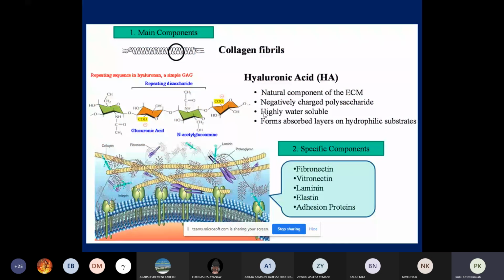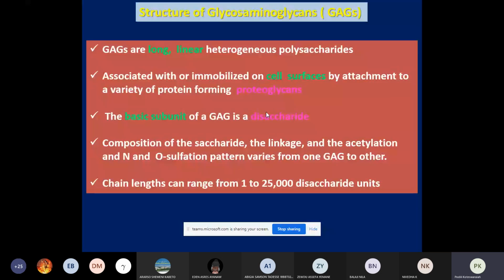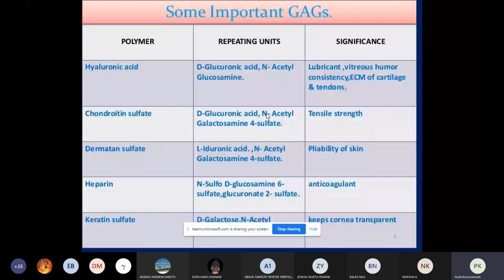Now, coming to the major glycosaminoglycans present in the human body, they are classified into two categories. One is sulfated, and the second one is non-sulfated glycosaminoglycans. Before going to this classification, let me say a few words.